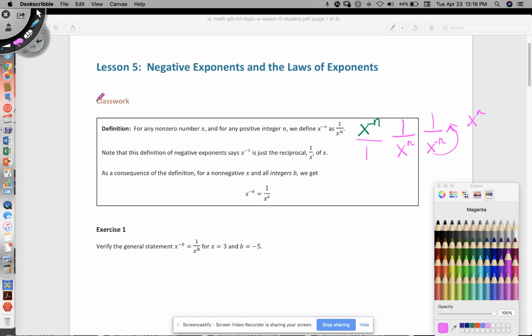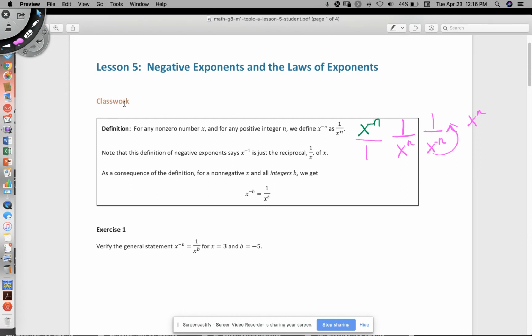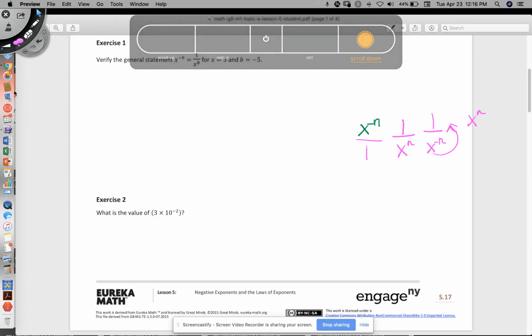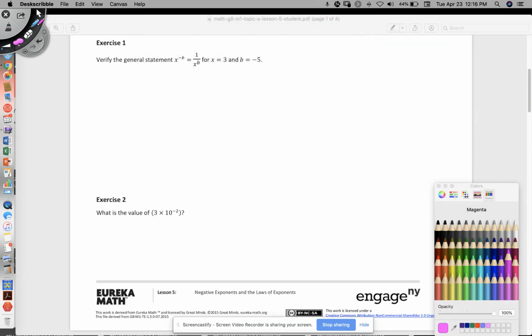All right, let's give these a try. Exercise 1 here. They want us to take out x and b here and replace them with these numbers. So if I have 1 over x, which is 3, raised to the b power, which is negative 5. To make this a positive, I'm going to take it out of the fraction form and just make it 3 to the 5th power.